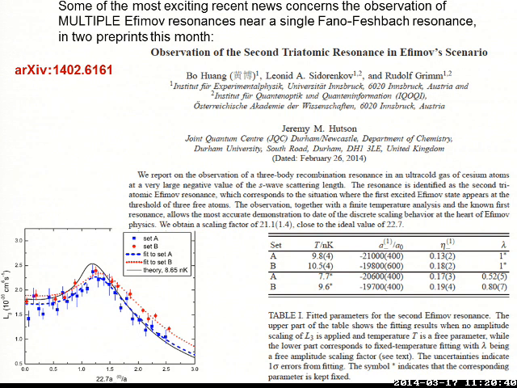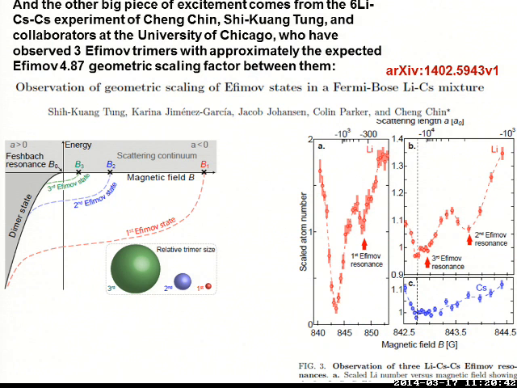And for a long time, people have been interested in heteronuclear systems. In particular, the system of two heavy and one light is predicted to have a much more favorable Efimov scaling factor, even though only two of the three scattering lengths in the problem are resonant, going to the heteronuclear Fano-Feshbach resonance.